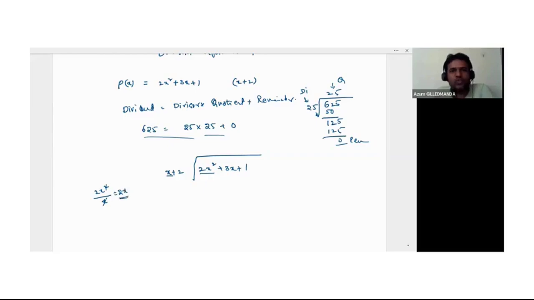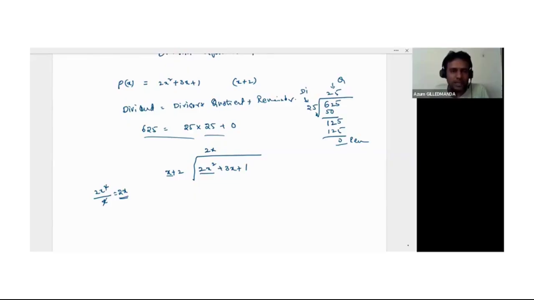That will be your multiplier. Like how I got 2 there, here I am getting 2x. The first term in the polynomial needs to be divided by the first term in the divisor, that is x, and I get 2x.